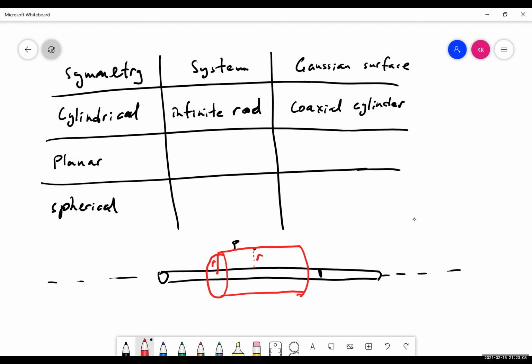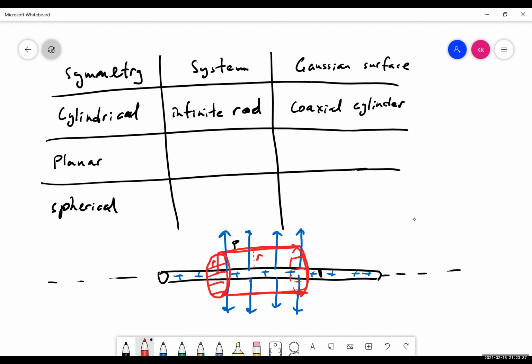So if this rod has a positive charge distribution such that the electric field goes like this, then over this curved surface, the electric field has exactly the same magnitude. And for the circular surfaces, there is no electric field.